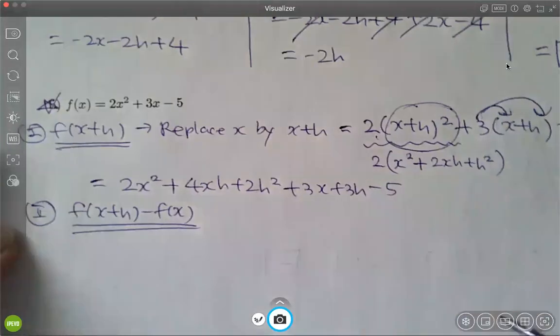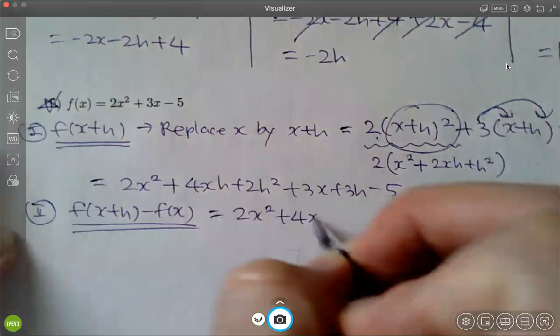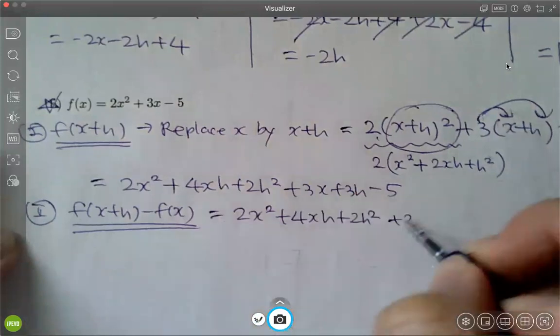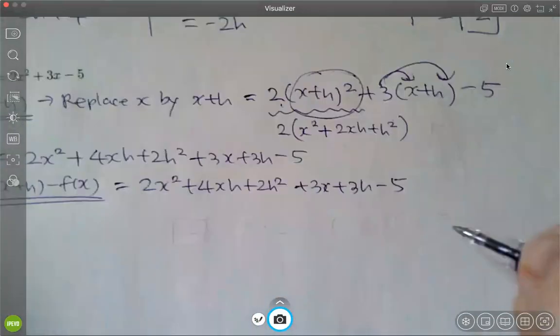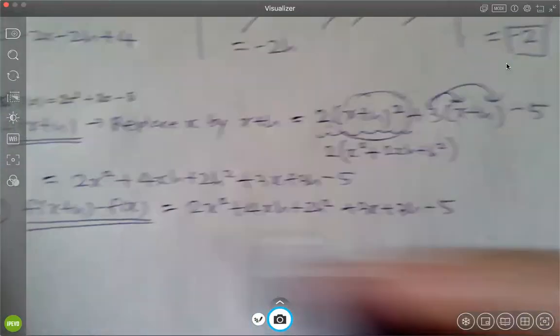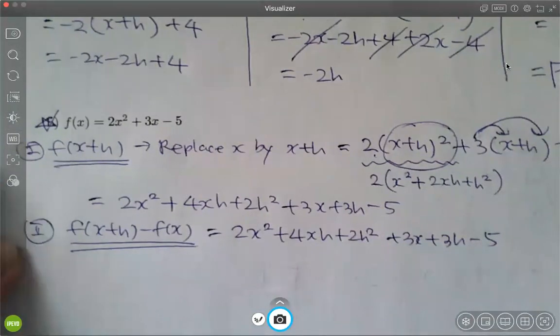Okay, so what is this? Well, first you copy what's written at the top, this one, and then remember you are subtracting f of x, right? So now, how do you not worry about the parentheses?